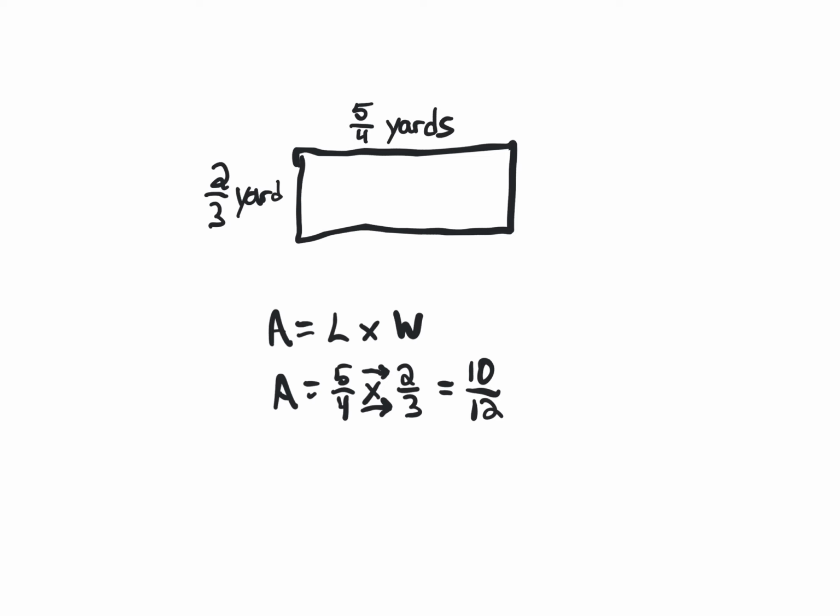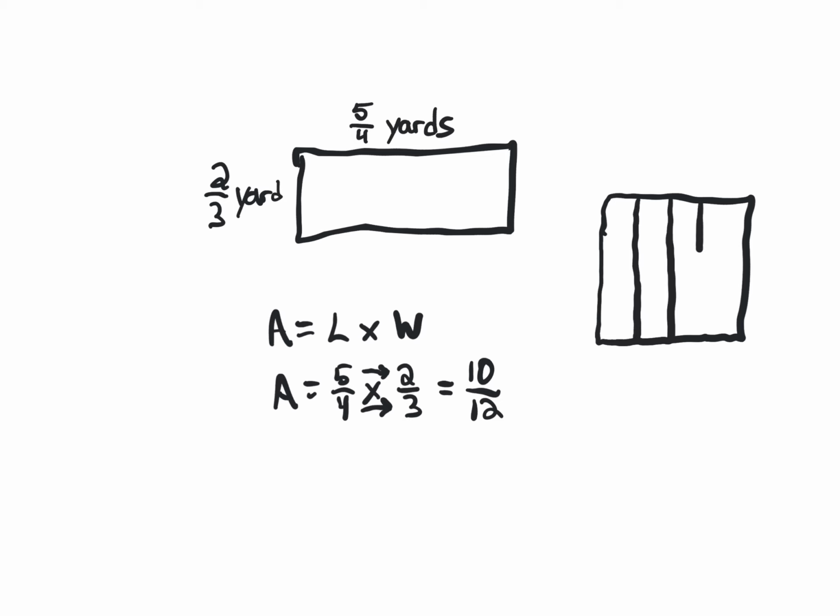So let's use a model now to represent this so we can see it and understand it more visually. I'm going to draw the garden, but this time I'm going to separate it into fourths. And you can draw this in your notebook. But we have 1, 2, 3, 4 sections.